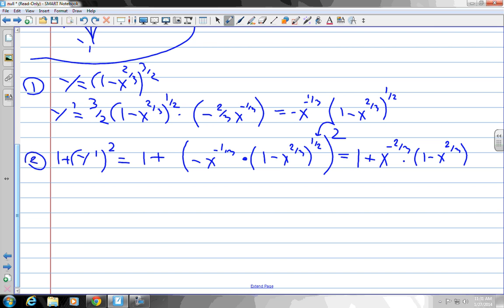But the exponent negative, remember, multiply exponent, so that one stays. Then you need to distribute this. So it becomes 1 plus x to the negative 2/3 minus 1, because it's x to the negative 2/3 times x to the positive 2/3. That's 1.